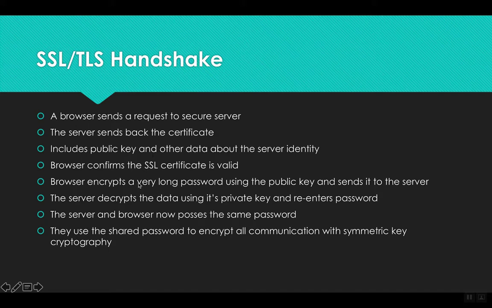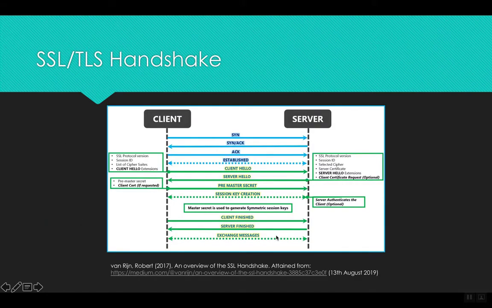They then share different random bits to create a private key between each other for the communication. They then both use that to decrypt the information that's sent between the client and browser communication, and then they share the password to encrypt all the communication with that symmetric key cryptography.